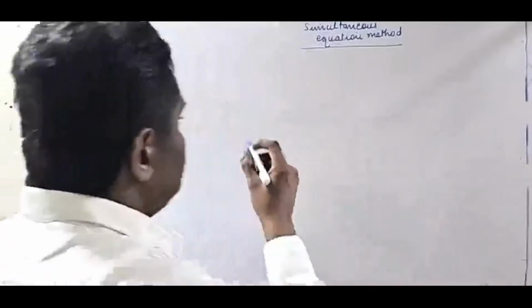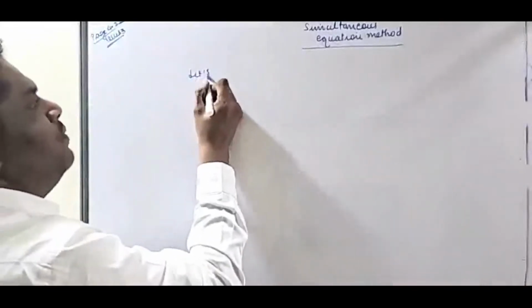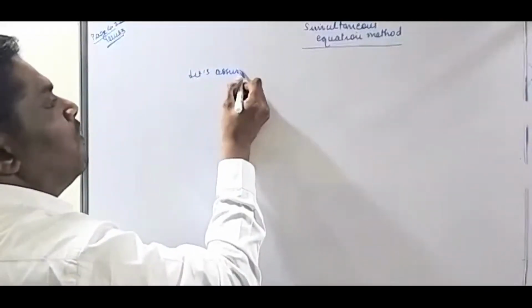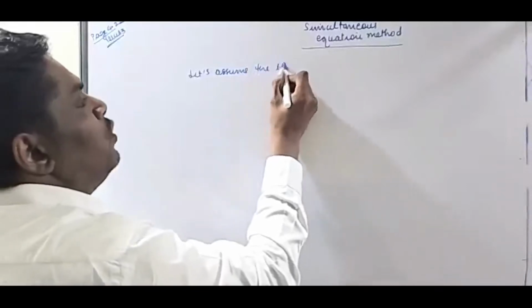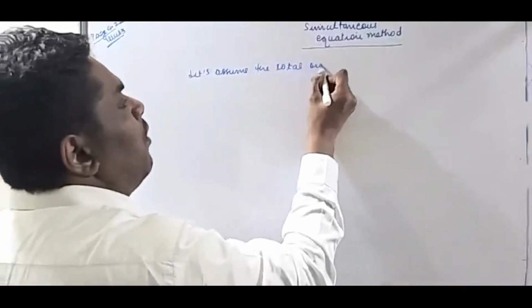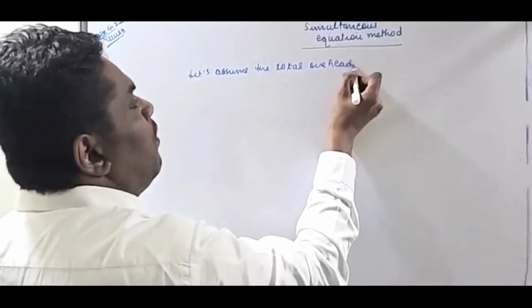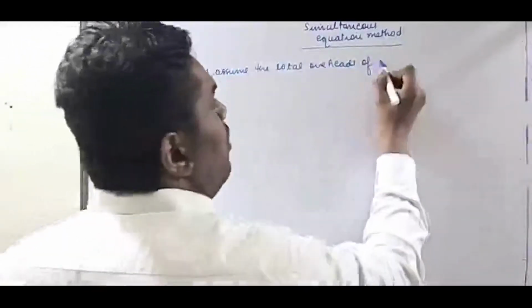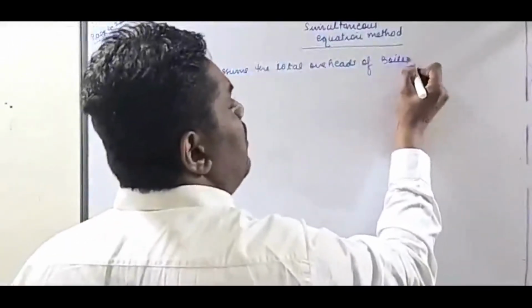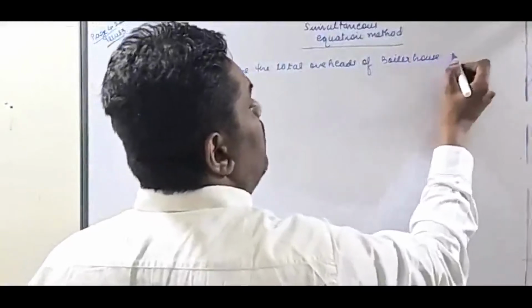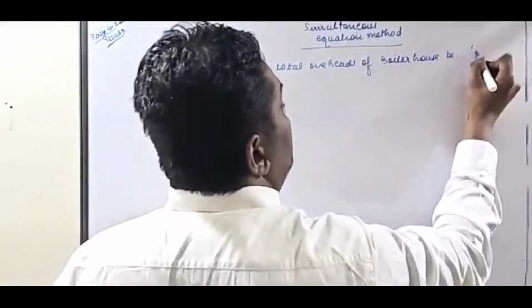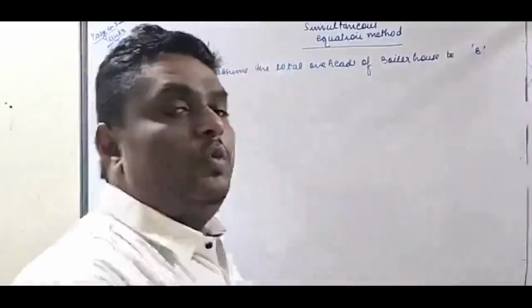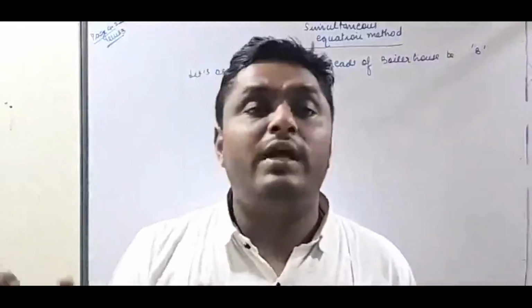So let's assume the total overheads of boiler house be B. Let's assume that these 3 lakh are not the total overheads.